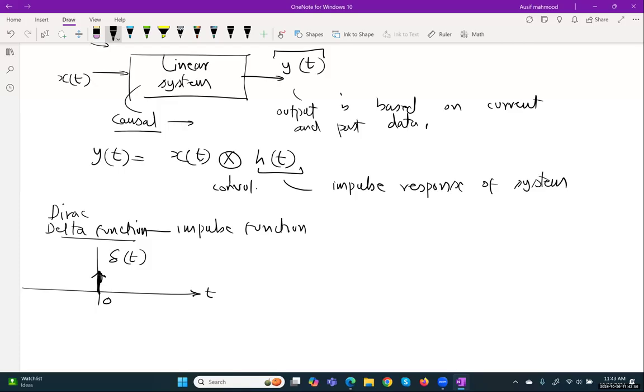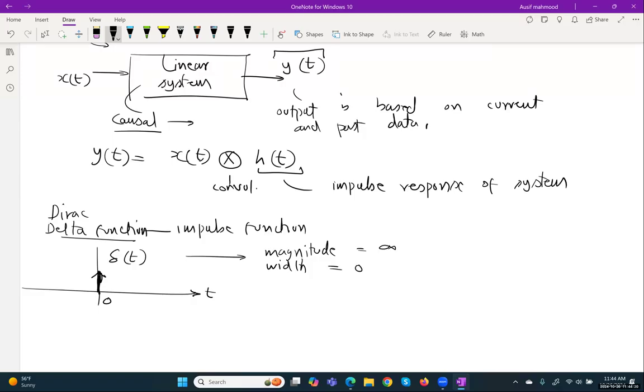The delta function is kind of interesting. The magnitude, meaning the height of this pulse that appears at t equal to 0, is actually infinity. The width of it, meaning how wide this thing is that appears at t equal to 0?